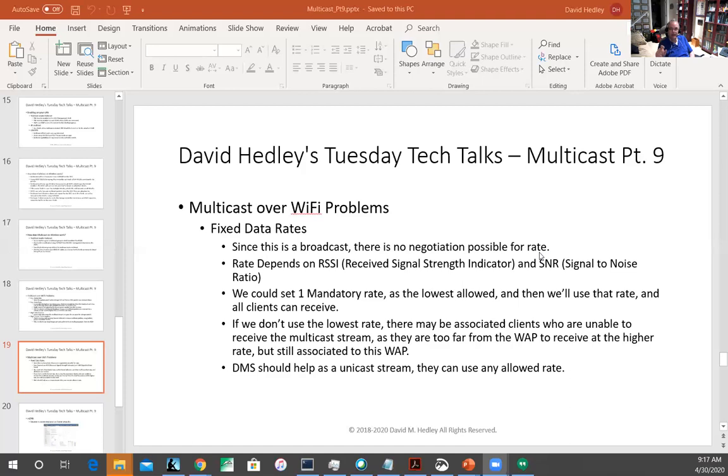Okay. And so in this case, you've down-rated because the signal's not strong enough. There's too much noise. These rates aren't about sending the data faster. It's about how much redundancy I have in the signal and how subtle the encoding is.